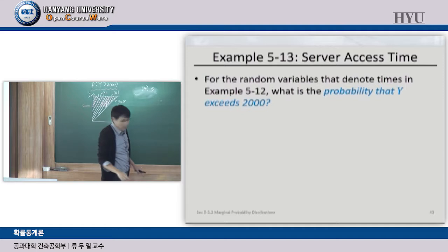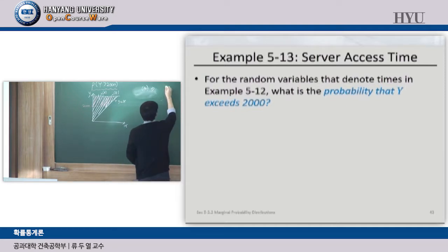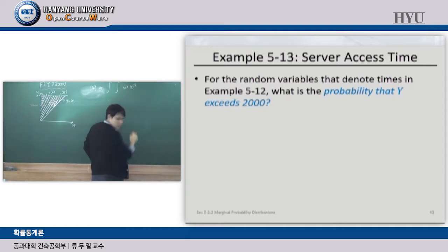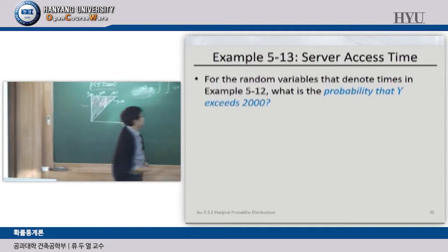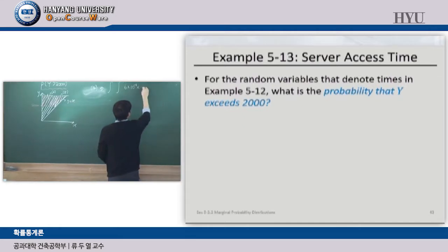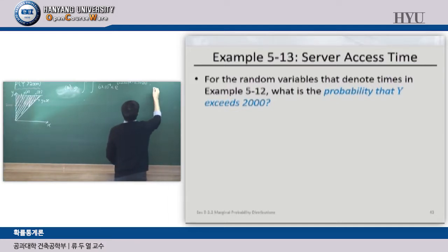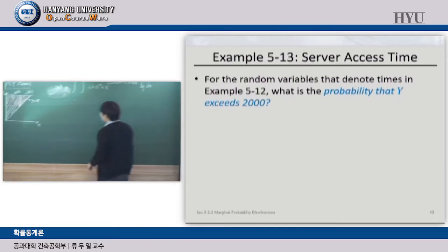For the case of the part A, we need to provide the double integration, right? And the joint probability density function was 6 times 10 to the minus 6 times exponential minus 0.001x minus 0.002y, dy and dx, right?